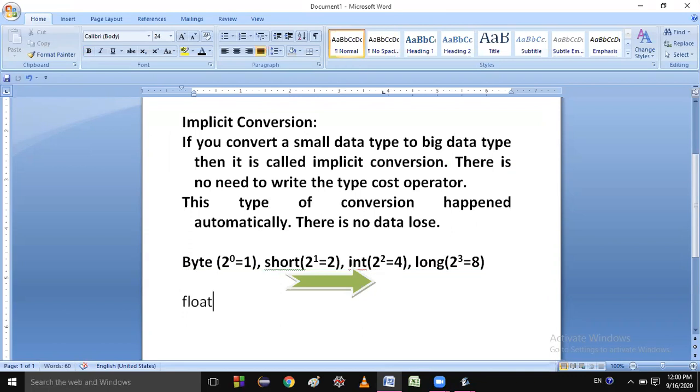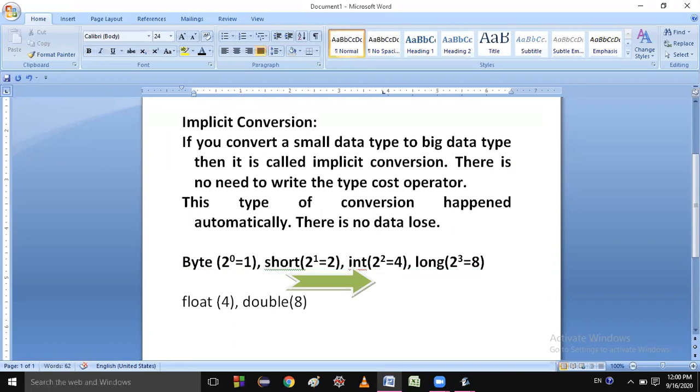I already explained all these things. You must watch the data type videos. Float is having size 4 byte and double is having size 8 byte.